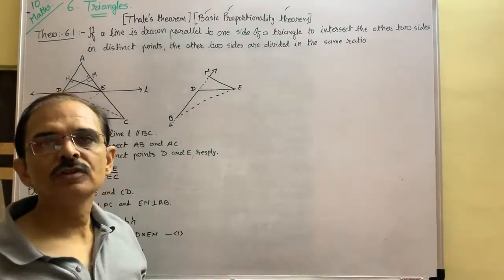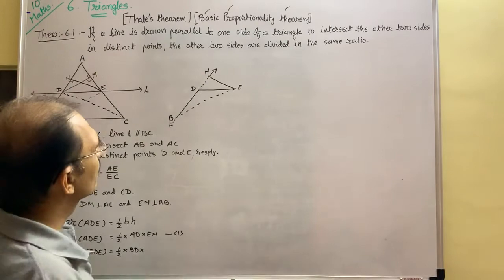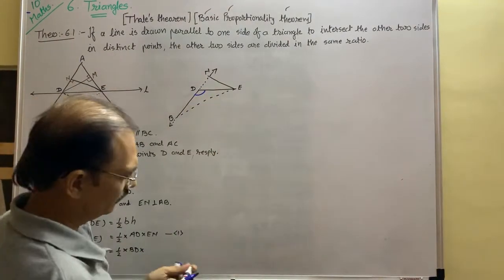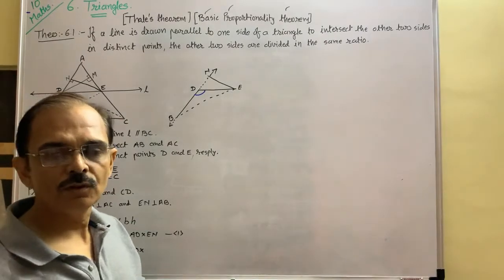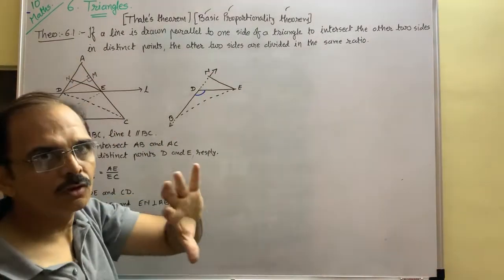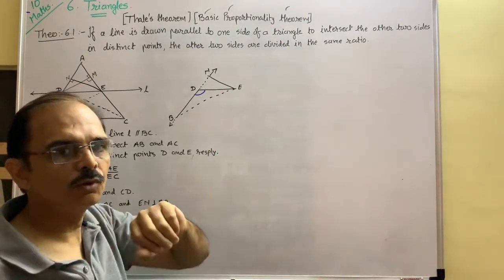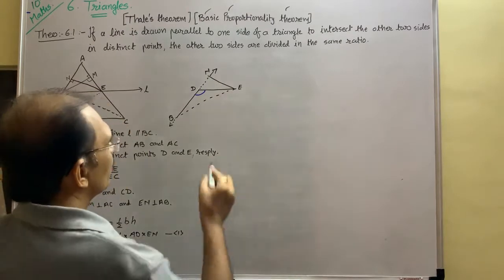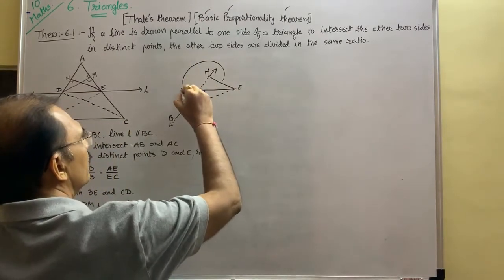This is an obtuse angle triangle. See, friends, this angle is an obtuse angle, right? So if you see this triangle in this manner, this is the board, so I cannot rotate it, but you can rotate your notebook also. So take this triangle like this, means move this triangle in this manner.